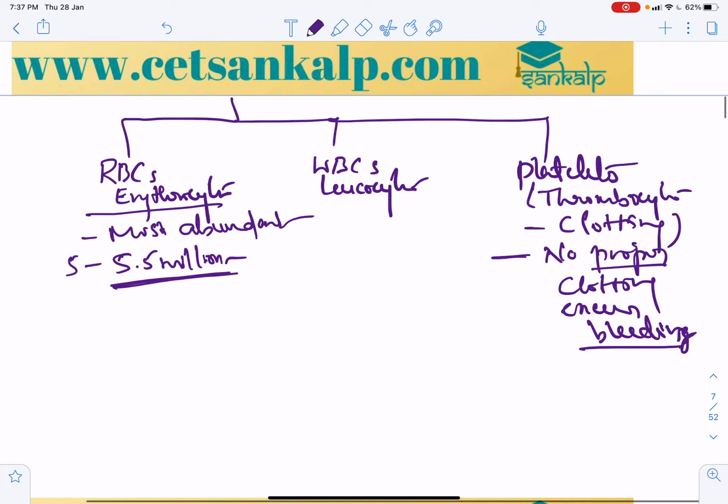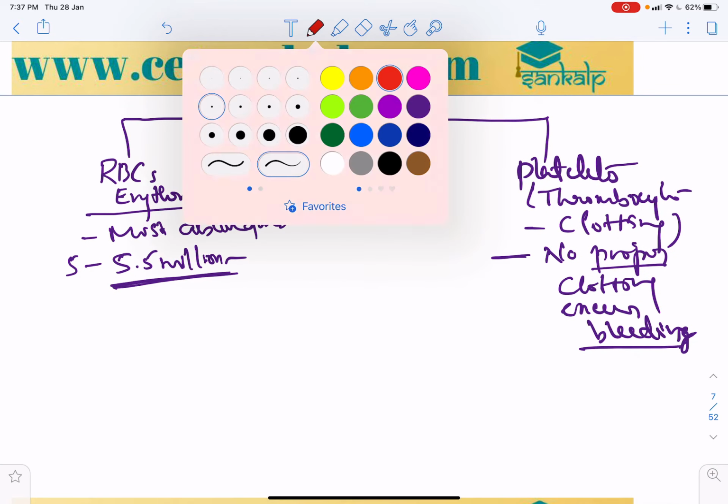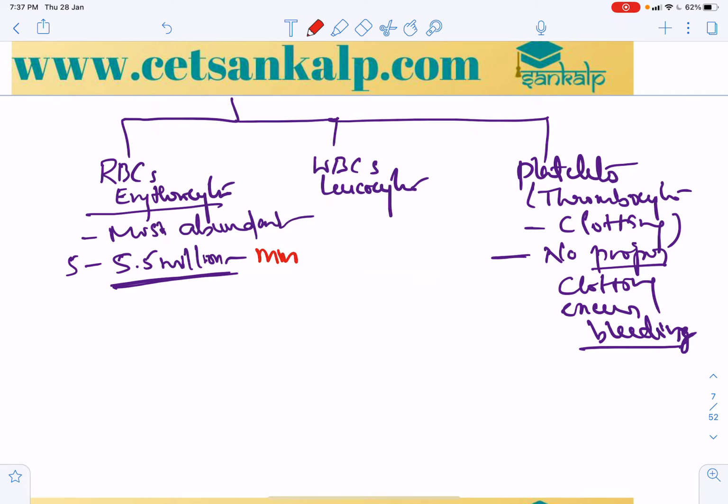These are the most abundant, and the least abundant are leukocytes.